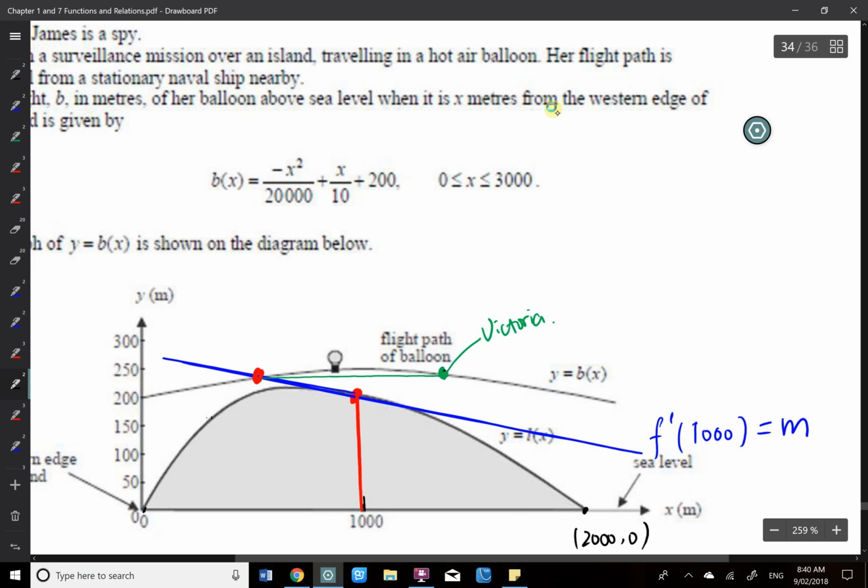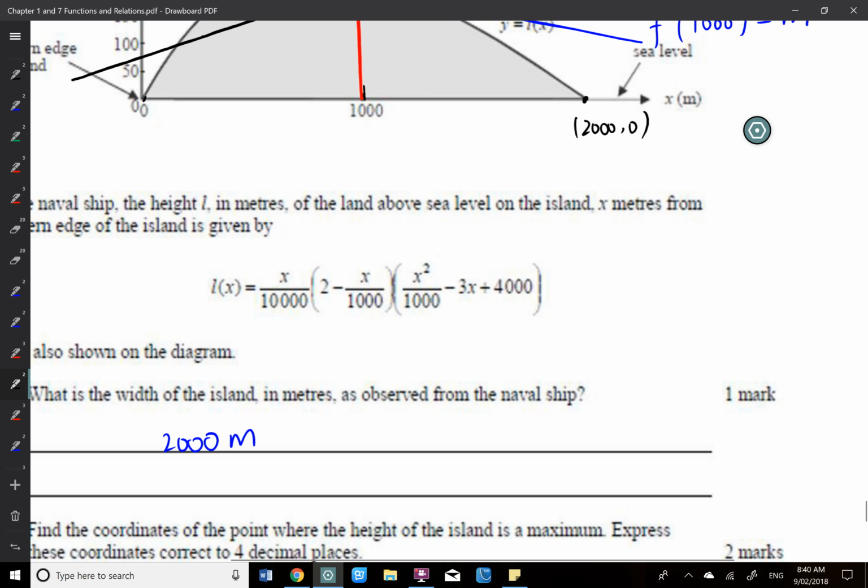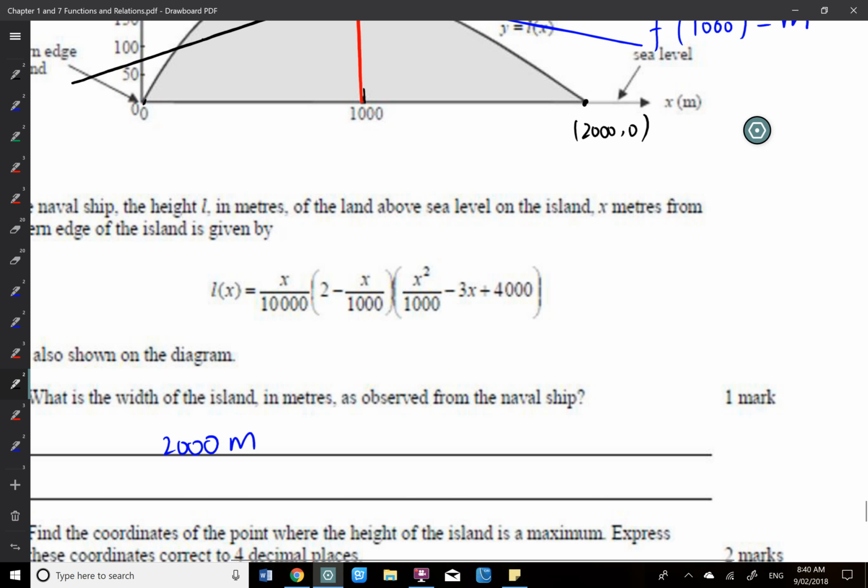So that will be the path. That's from Victoria, and the blue one is the enemy, trying to shoot that way. Okay, so everything's clear now.